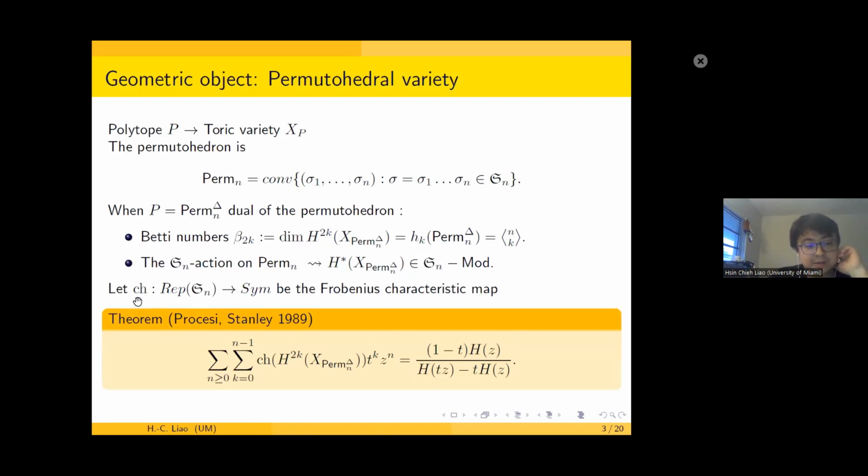If we let ch be the Frobenius characteristic map, which sends a representation to a symmetric function, then Procesi and Stanley computed the Frobenius characteristic of this cohomology, and it turns out they get the same closed form.